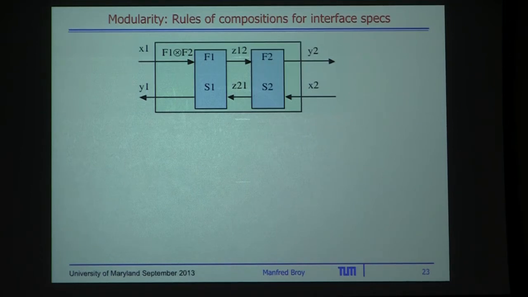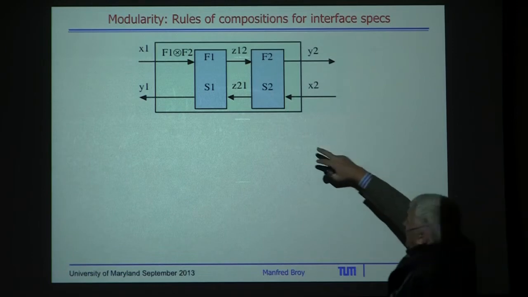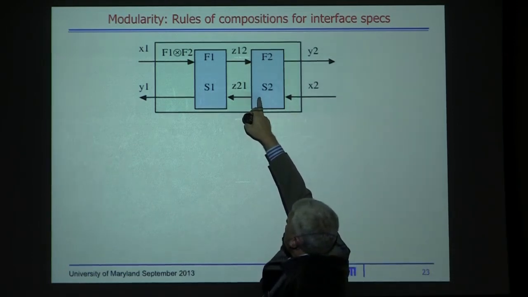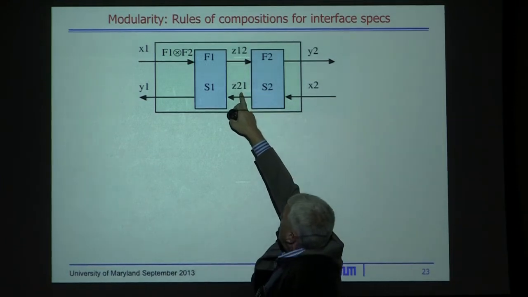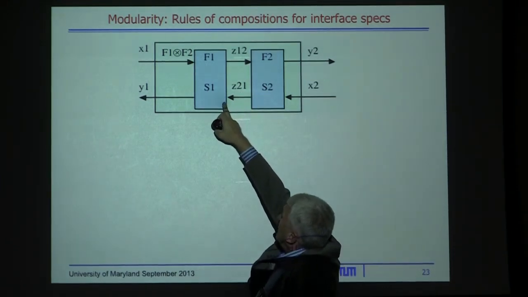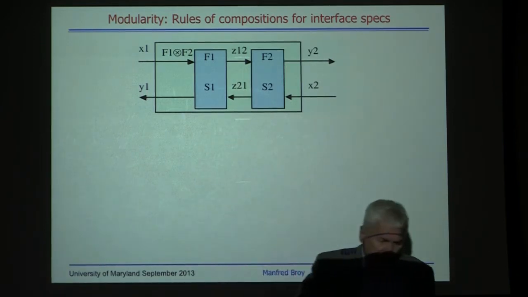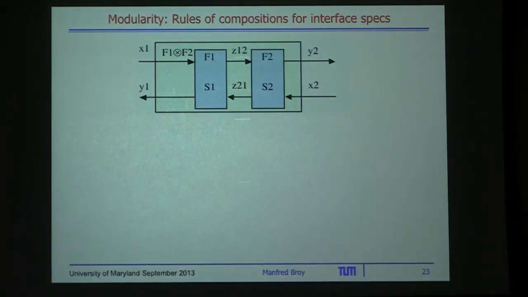We have components F1 and F2, both have input and output streams and channels, and we compose them in a way that the output streams of the first component, which are with their names identical with input streams of the second component, are connected, and vice versa.